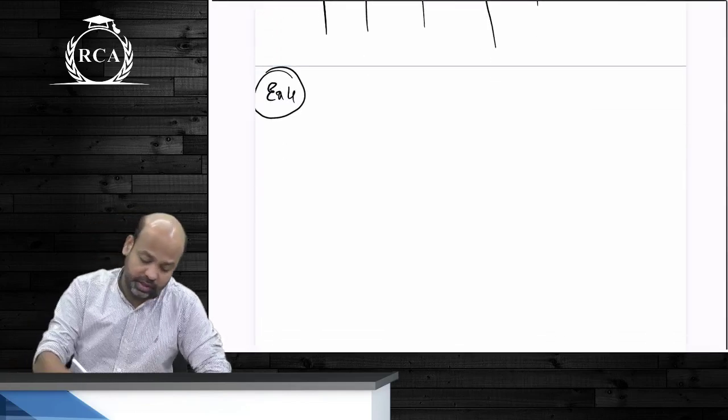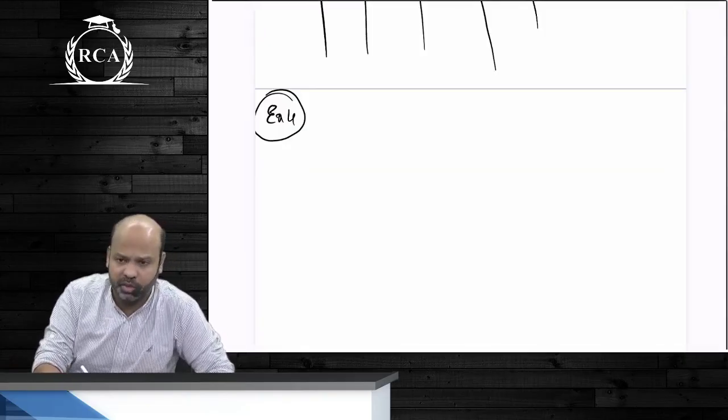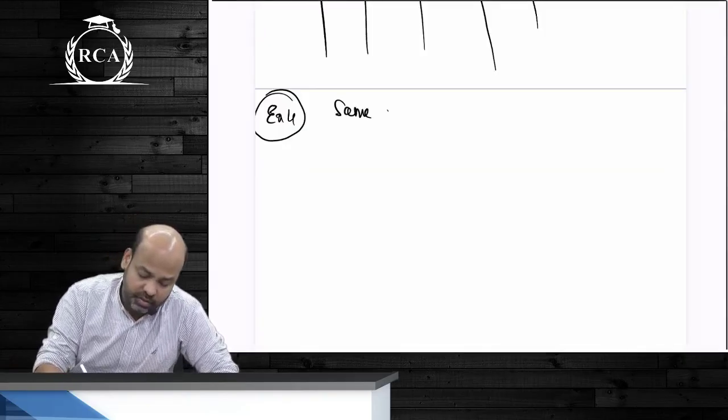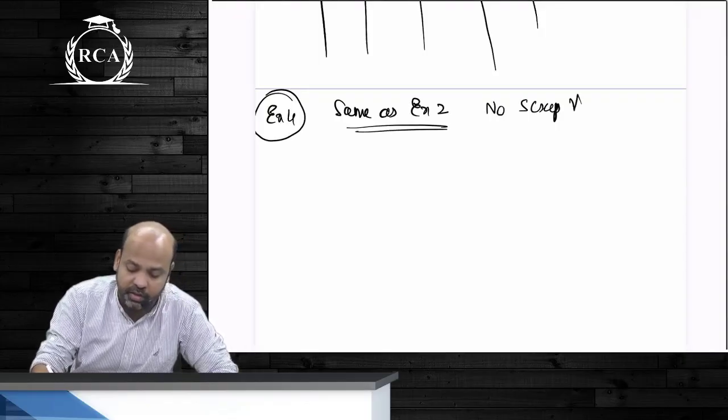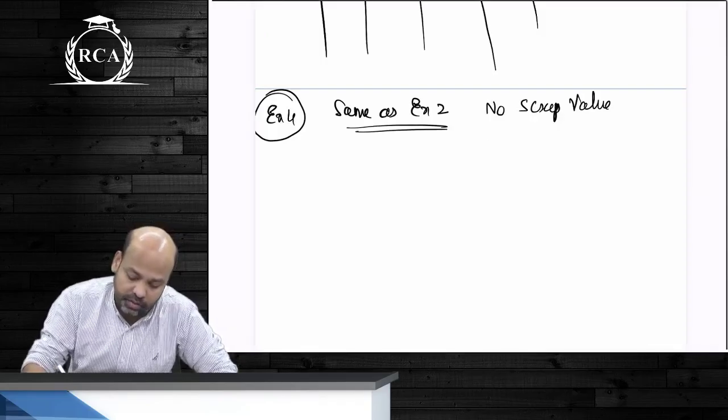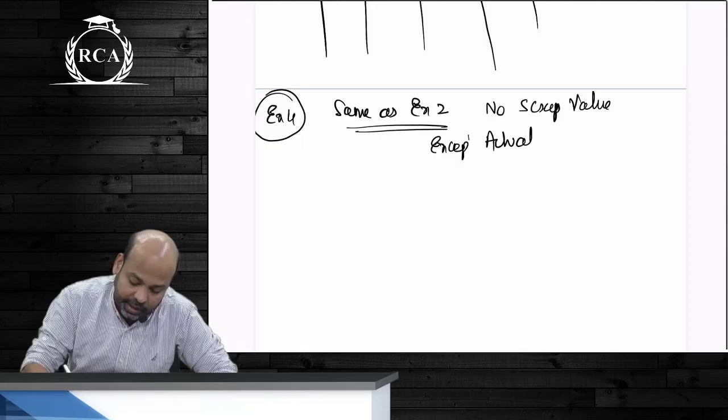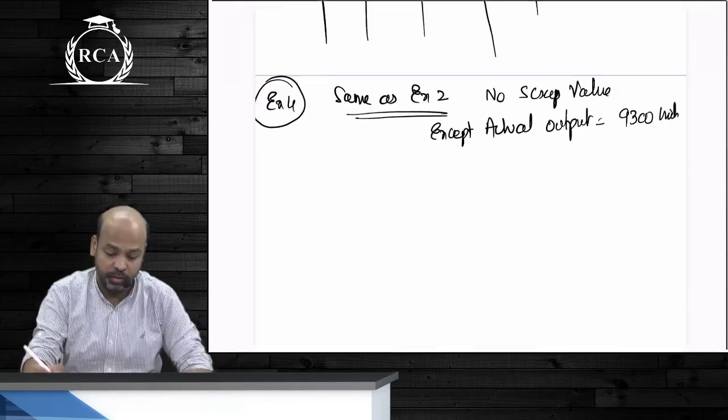Now let's say, guys, that normal loss, same as example 2, guys, means there is no scrap value. However, actual output, beta, is 9,300 units. Actual output is equal to 9,300 units. So what has come up here now? Abnormal loss.